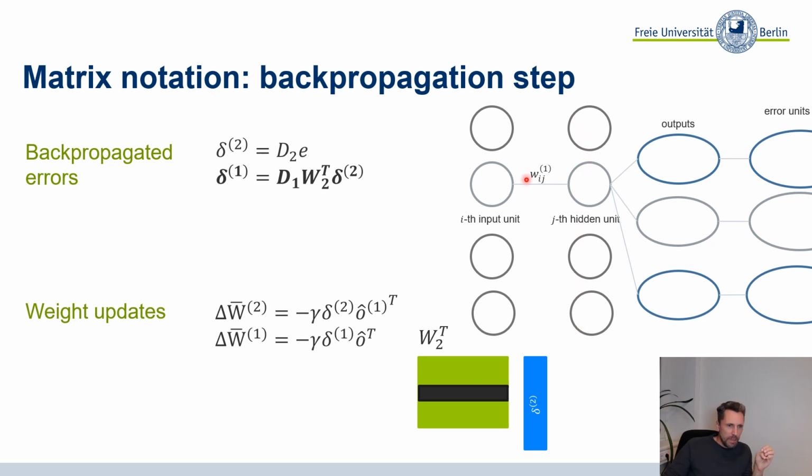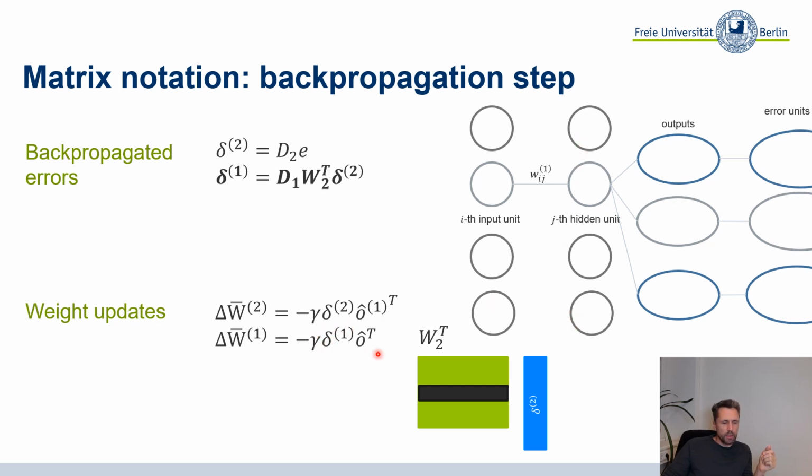And now if we look at one specific weight, Wij, in the first layer, we need to take this backpropagated error and multiply it by the input into this connection. And that's exactly what we do, like we saw before. So we take O hat, which is the augmented vector of inputs, transpose times this delta 1.